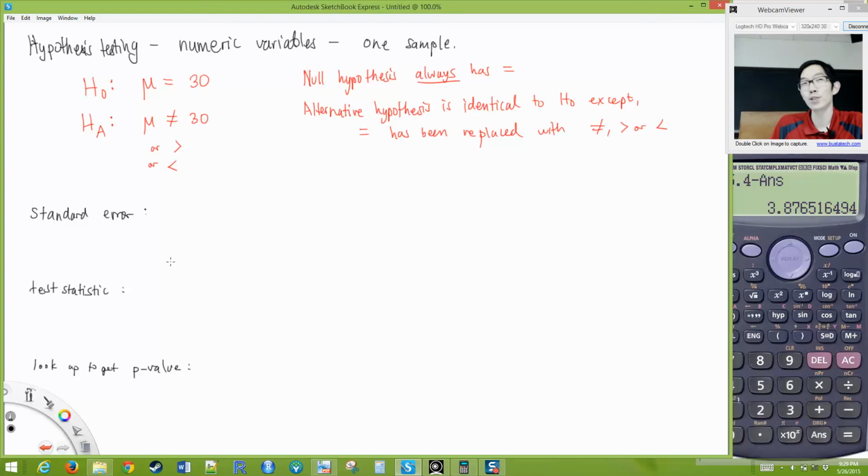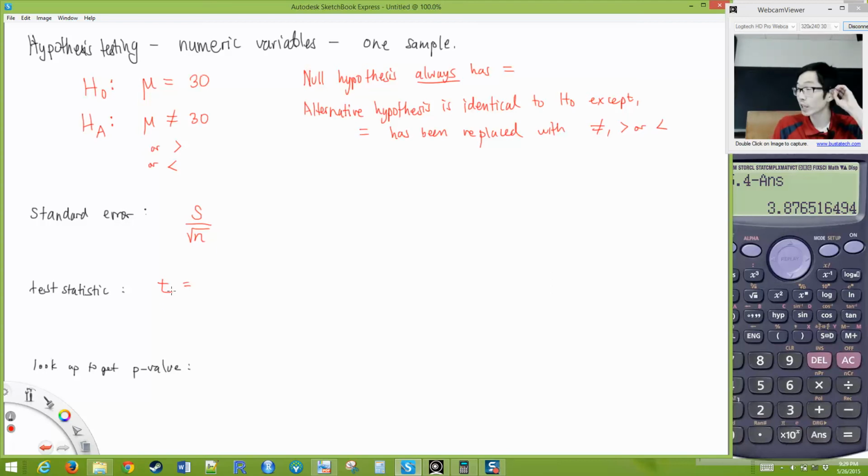Okay, so let's talk about the formula for the standard error. You're going to use s over the square root of n. It's easy, all right? So the standard error is s over the square root of n. Test statistic: it's not a z, it's this time a t, because we're using the t-table. So last week our test statistics were always z.